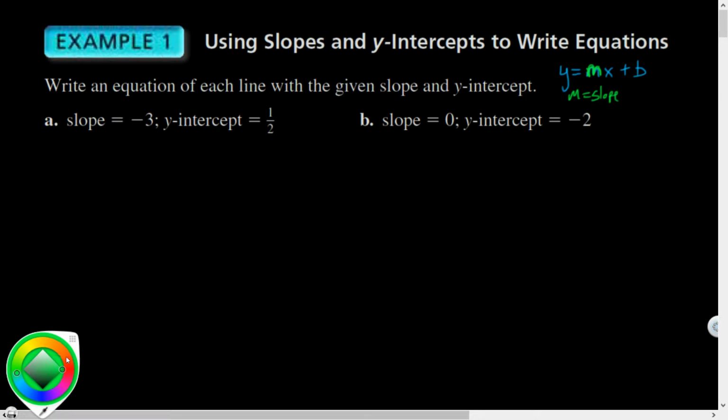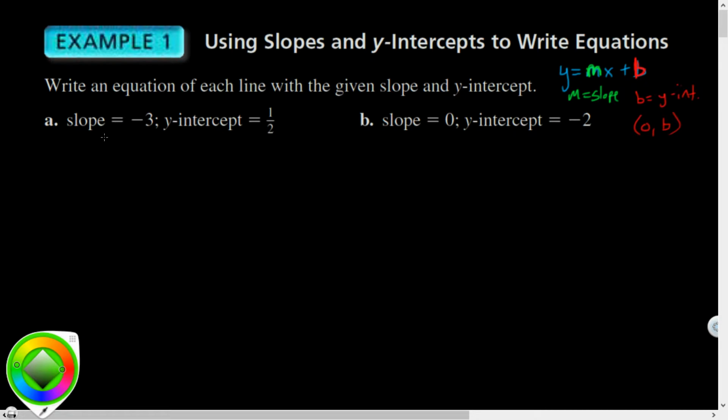And the b is the y-intercept, right? The y-int. That's where the line crosses the y-axis. If you want to think about it as a point, you could think about it as (0, b), because the y-intercept will have 0 as its x-coordinate.